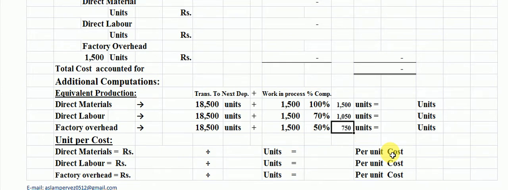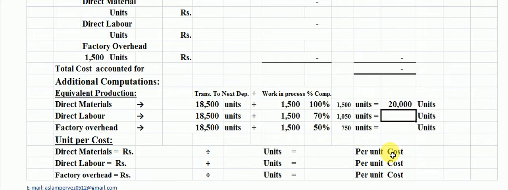Now we have to add these units with these units. We find out the equivalent production in each sector like direct material, direct labor and factory overhead here. Now we add the completed units plus the work in process units here.